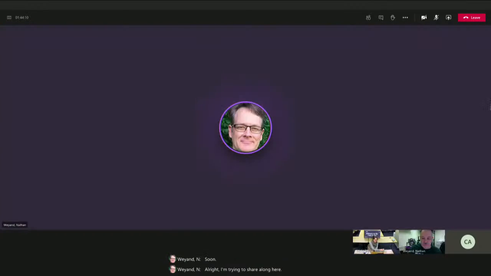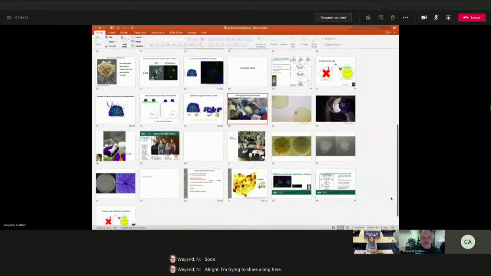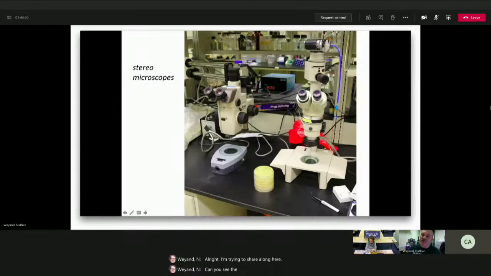All right, I'm trying to share. Hold on here. Can you see the pictures of microscopes? Yes. Okay, these are a couple of other stereo microscopes that colleagues have helped me use or loaned to me.